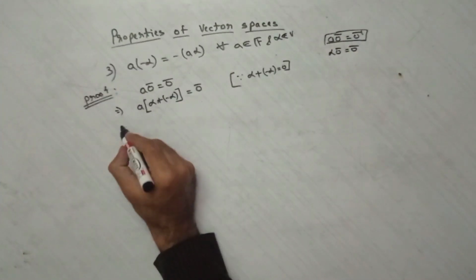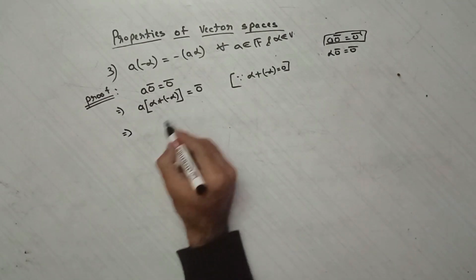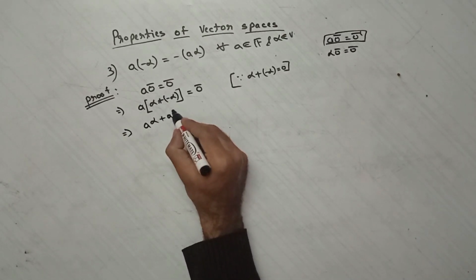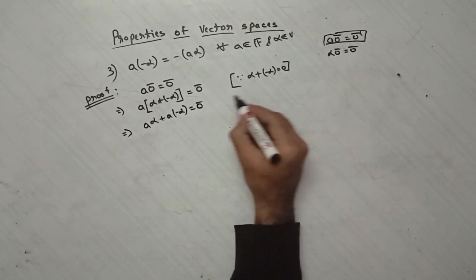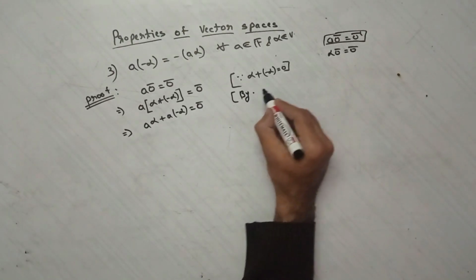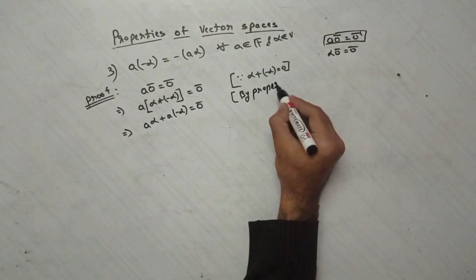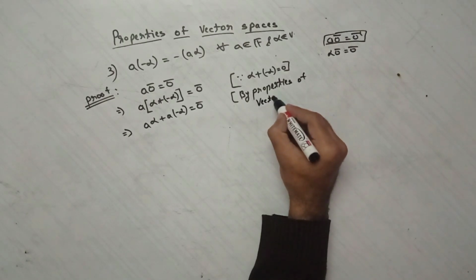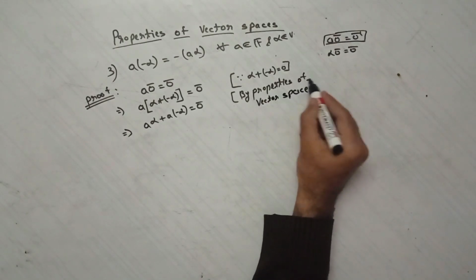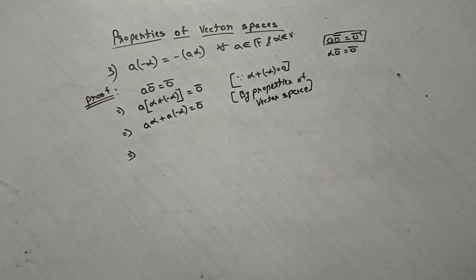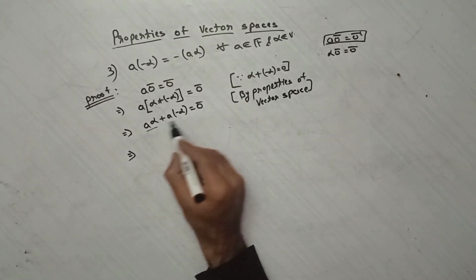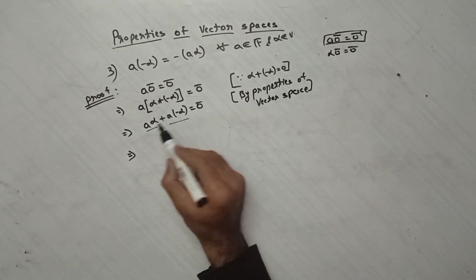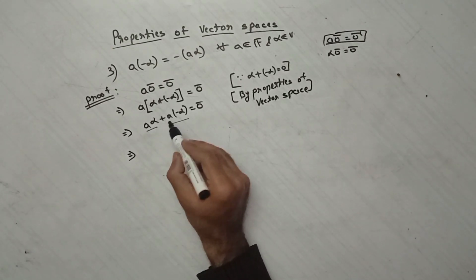Now going a step forward, by the property of vector space we insert this a and minus of alpha equals 0 vector. By the property of vector space, as we have seen, this whole value and this whole value, when added, give the 0 vector, which means they are opposite to each other.